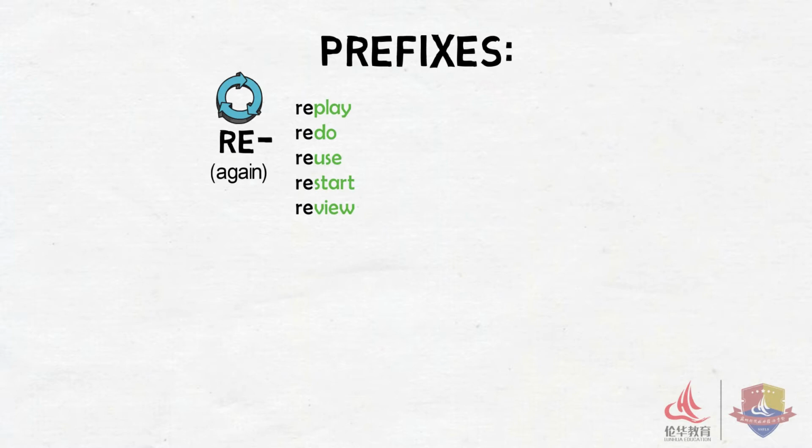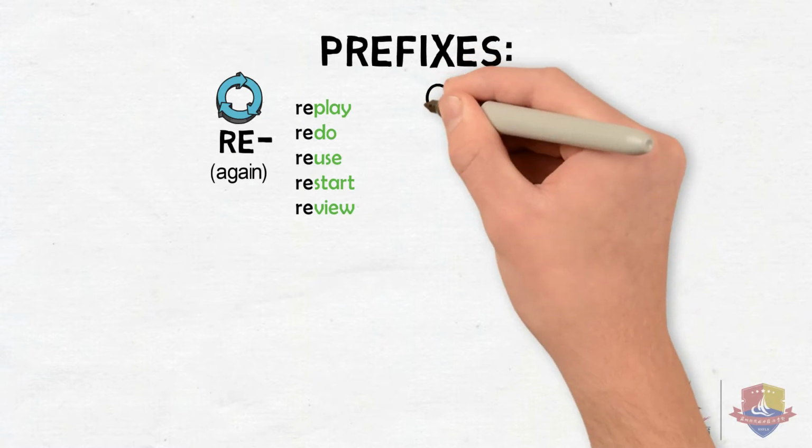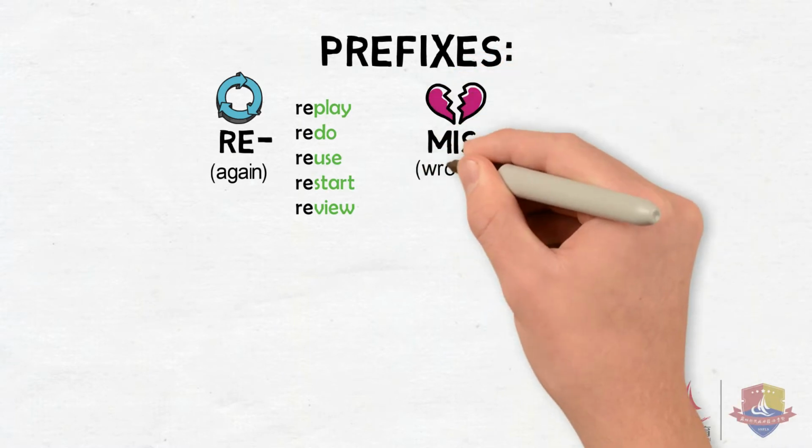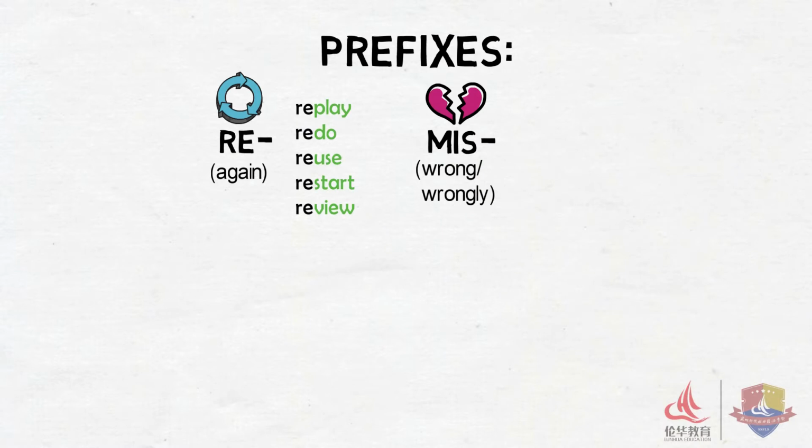This word is important for studying. For example, when you need to practice for a test, you look at all the things you've studied again so that you can remember them well and get a good score. Next, we have miss, which is a prefix that means wrong or wrongly, which is to do something in the wrong way.